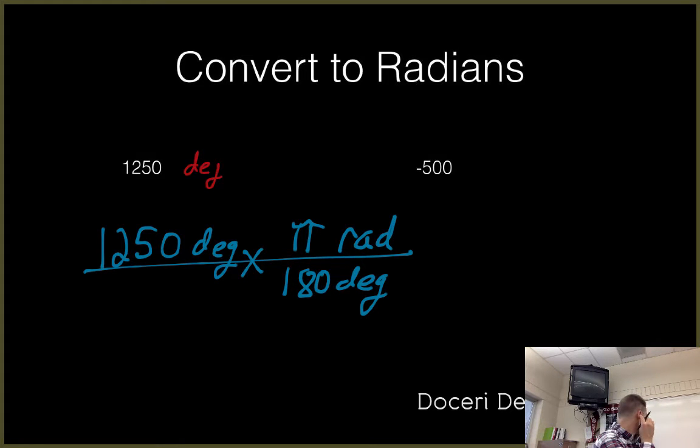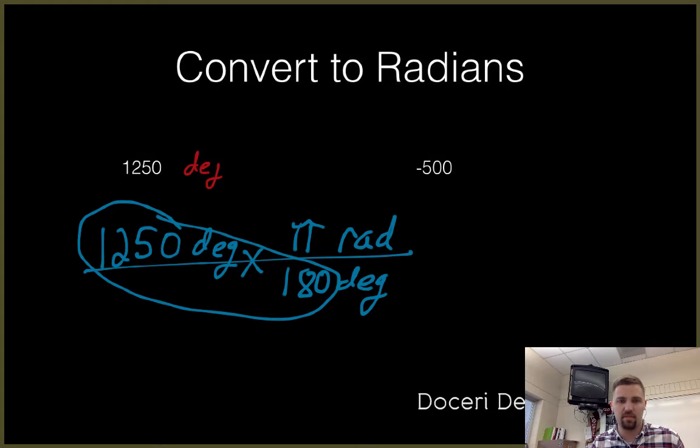To figure this out, I could do it two ways. One way is put it right in your calculator, 1250 times pi divided by 180. Another way is just to take these two numbers and simplify the fraction and leave the pi in it.